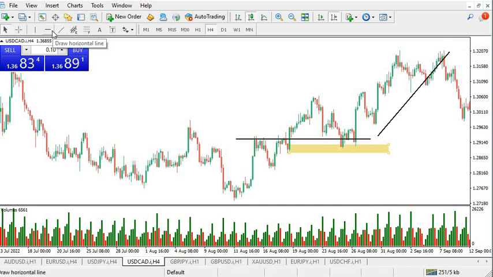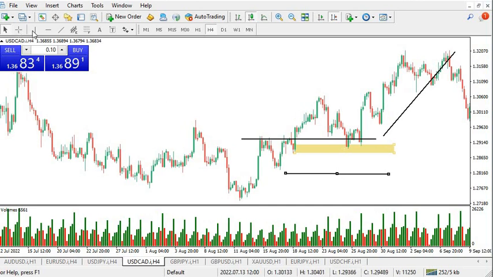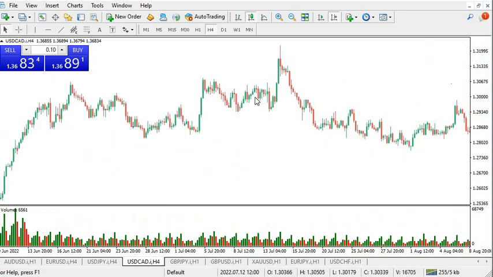We would have set our stop loss below the order block at this point, or below the key low. And for us, the next order block would have been our target, which is this area.